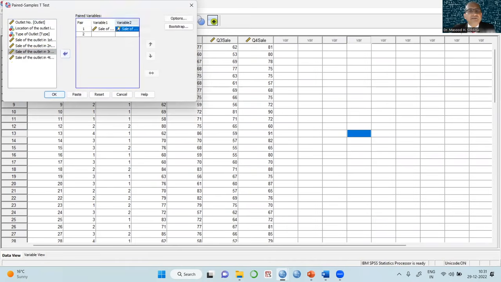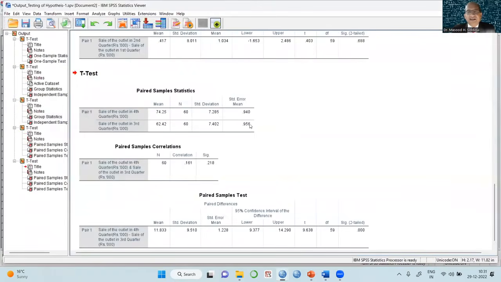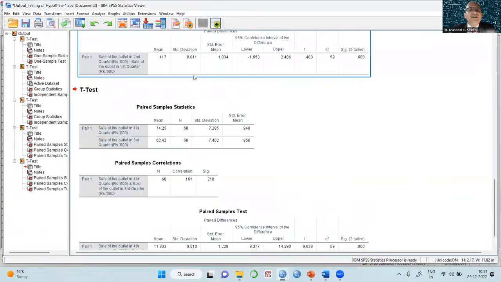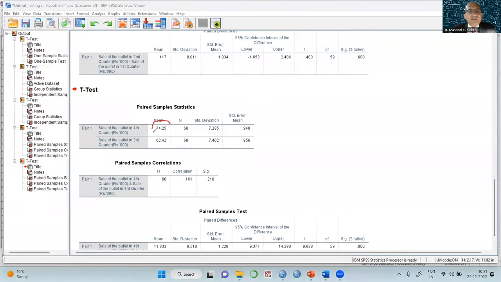So now the paired comparison is between the fourth quarter and the third quarter sales, right? So now as you see here, for the fourth quarter, the average value is 74.25 thousand, and for the third quarter, the average value is 62. So there appears to be a difference. We will be examining whether this difference is significant or not.